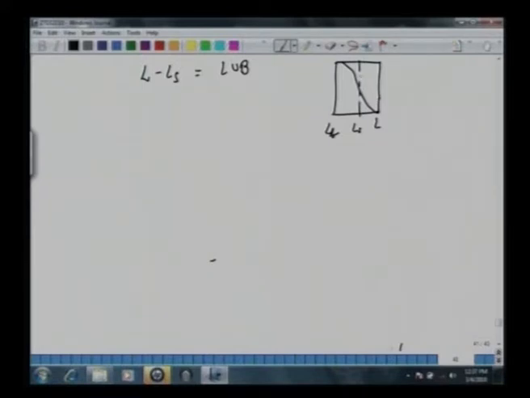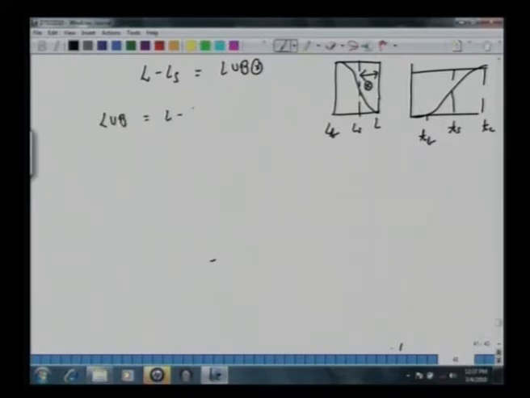So L minus LS is your LUB. Equivalent to this, we have a stoichiometric time, where we have this TS, where you have this TB, and now you have this T equilibrium when the bed is completely saturated. So LUB equals L minus LS.